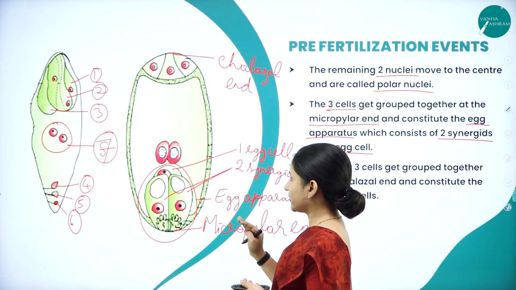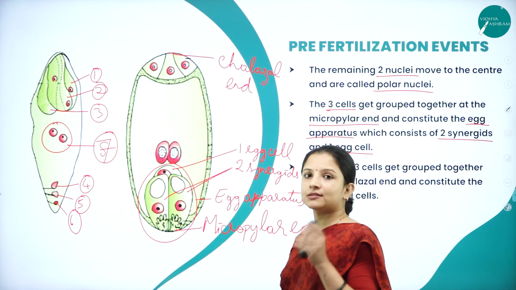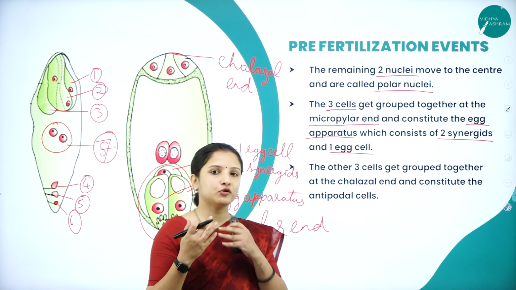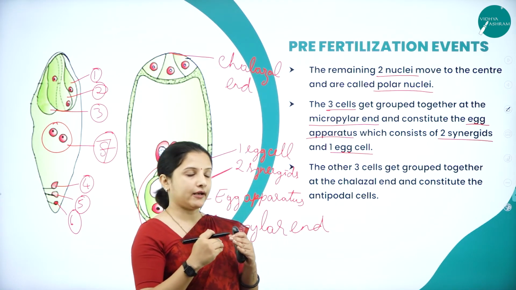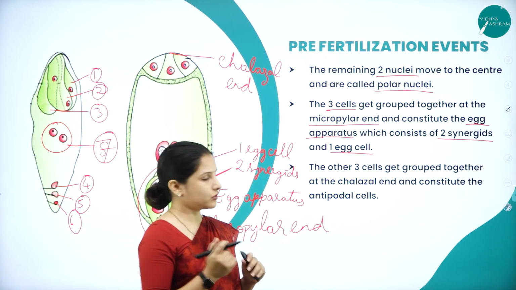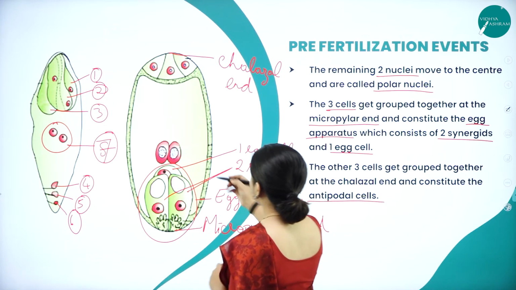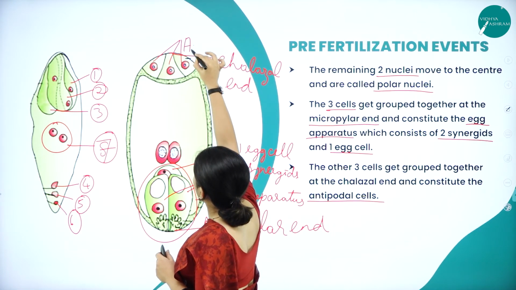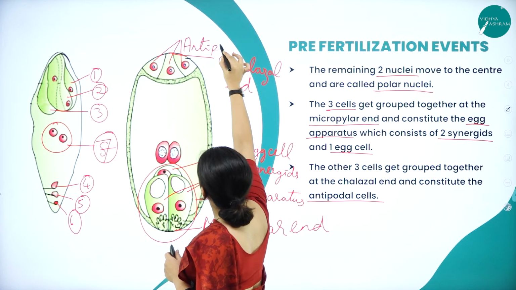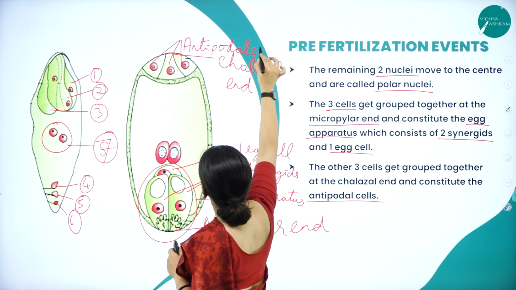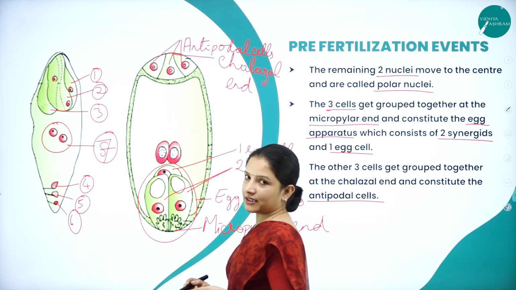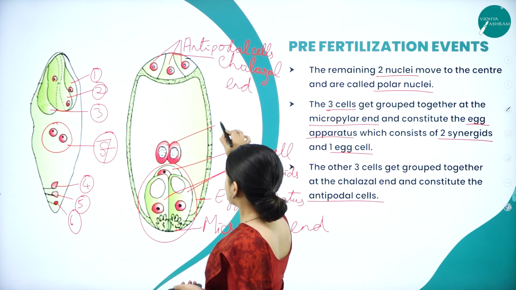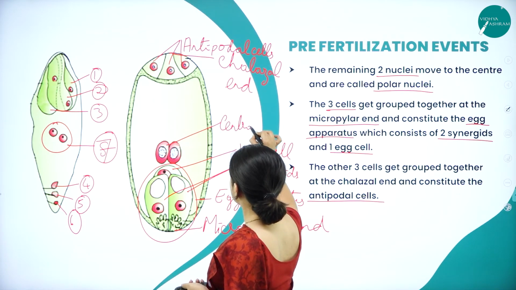And the other 3 cells that got grouped together in the chalazal end, you call them the antipodal cells. So these 3 cells at the chalazal end are antipodal cells. The remaining cell in the center is the central cell.